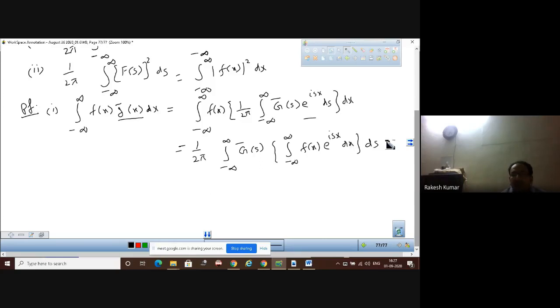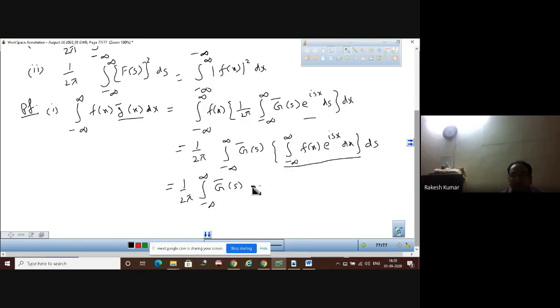This technique of changing the order of integration is very important in proving Parseval identity, this one, and in the previous result, the convolution theorem. So that will be 1 upon 2 pi integral from minus infinity to infinity of g bar s, this one, and what is this?